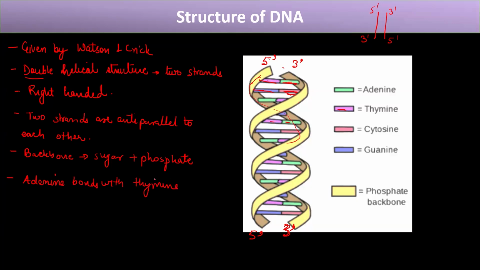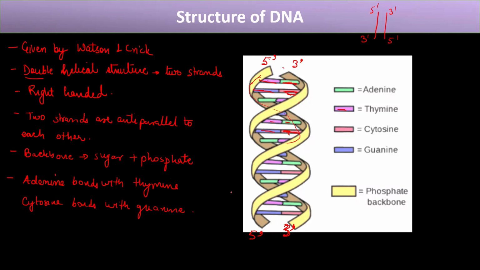Similarly, cytosine is the red one and the blue one is guanine. Everywhere, cytosine is bonding with guanine. So cytosine bonds with guanine. This is the structure of DNA.